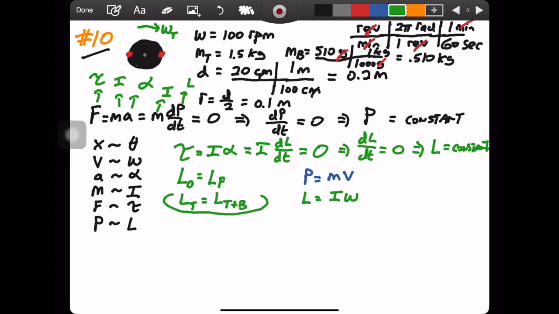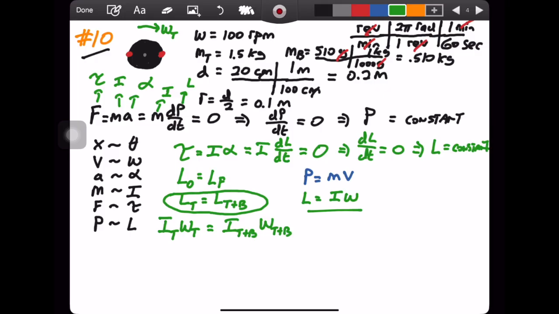So if I know that the angular momentum of the turntable before equals the angular momentum of the turntable plus the blocks, then I know that because angular momentum equals I omega, I can say the moment of inertia of just the turntable, this is before the blocks fall on it, multiplied by the angular velocity of just the turntable is equal to the moment of inertia of the combination of turntable plus blocks, and now a new angular velocity of the turntable plus blocks combo.